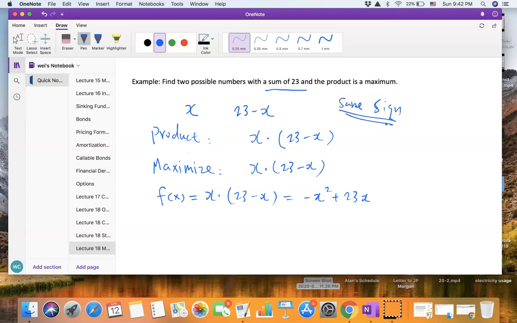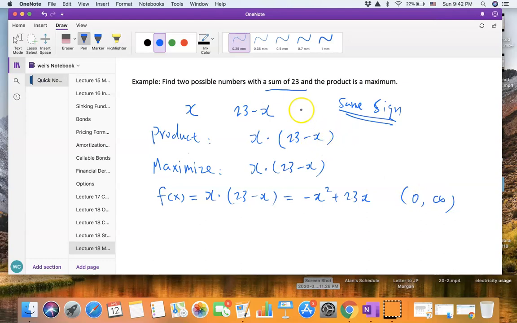Because if one of them is positive, the other is negative, the product won't be maximum, right? So here, the numbers we're looking for are both positive.